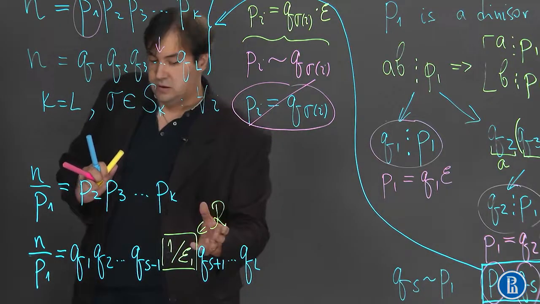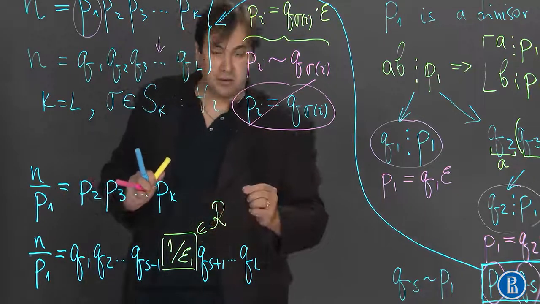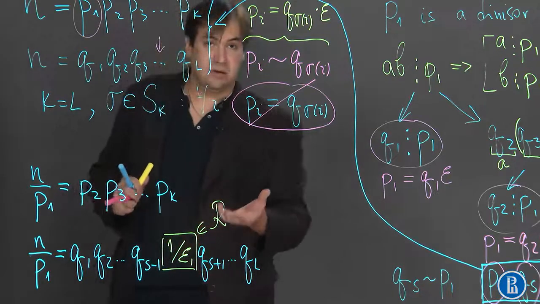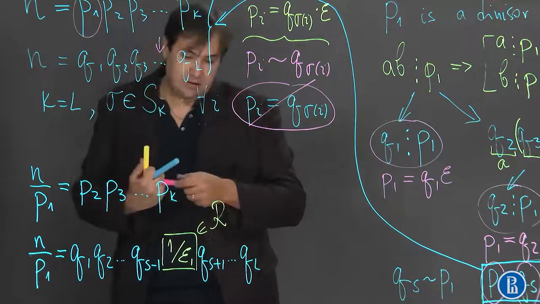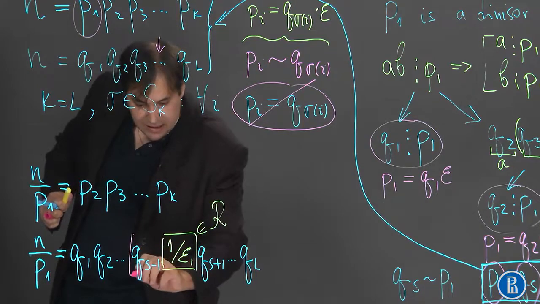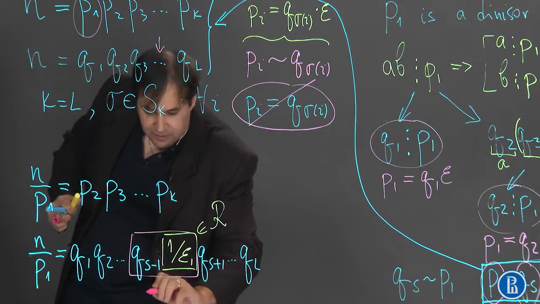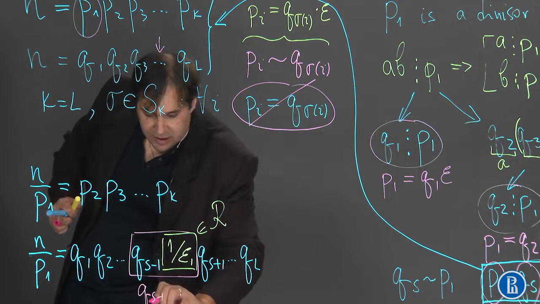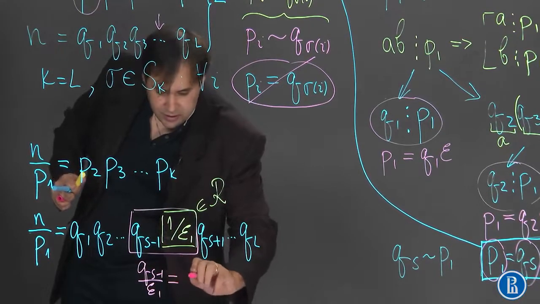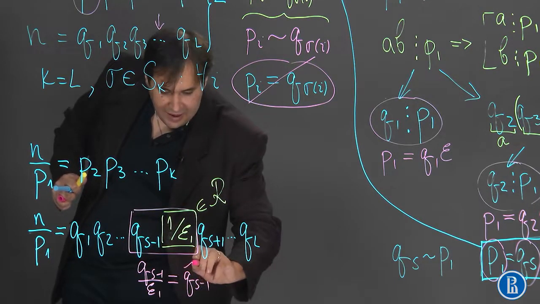seems to not have changed, but it is not so, because all these elements are prime, except for the yellow one, which is actually just some reversible element. So we can simply pack it into one of the other elements, say this one, and denote the element Qs minus 1 times 1 over epsilon 1, denoted by Qs minus 1 with a hat.